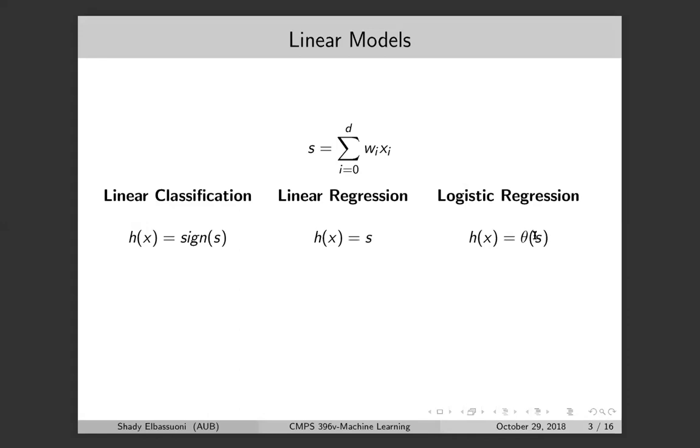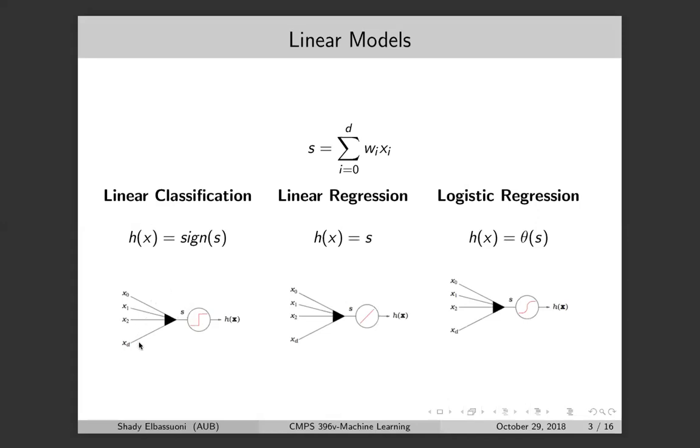Okay. So visually, the linear classification uses a hard threshold. So it takes a signal, which is weights multiplied by feature values, and either makes it -1 or +1. Okay, that's the hypothesis. In the case of linear regression, you take the signal and output it as is.